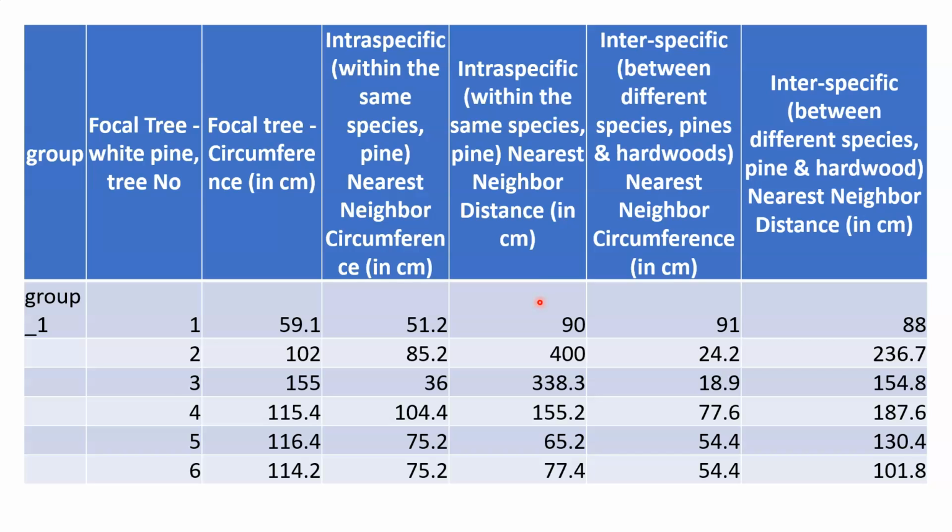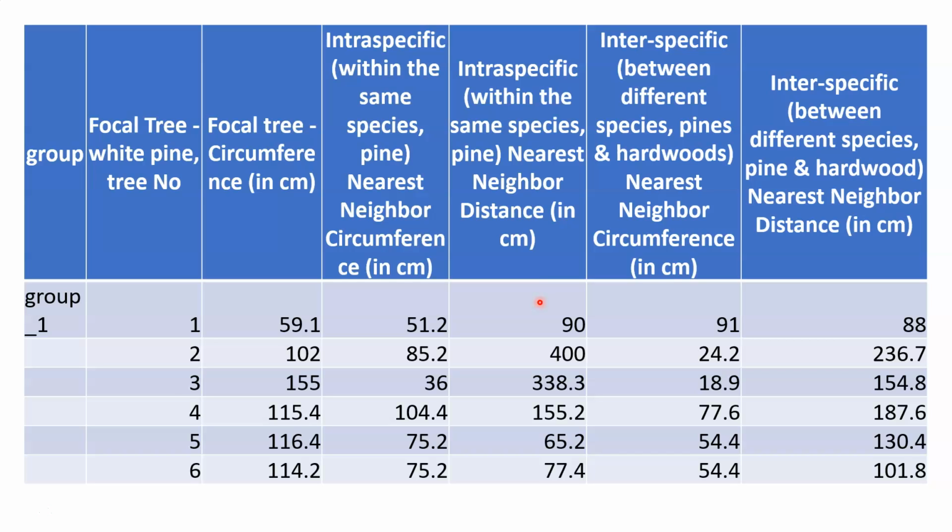So first you get the focal pine tree circumference in centimeters, then you get the intraspecific nearest neighbor circumference, right? Meaning the circumference of the nearest pine tree. And then you get the intraspecific nearest neighbor distance.